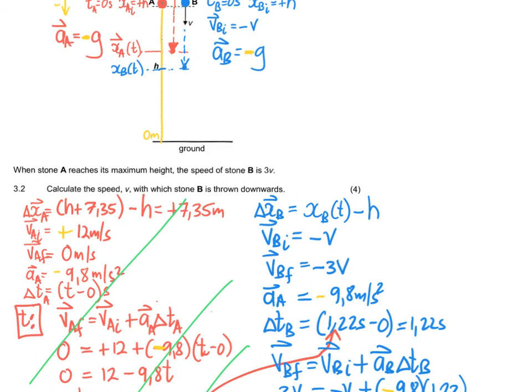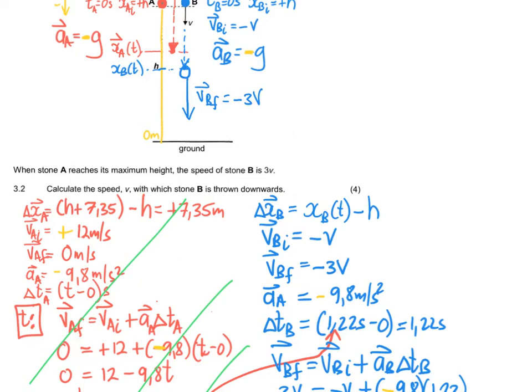At some point, let's say at this point here, its velocity now, VB final, is going to be minus 3v. Why minus? Because it's still acting downwards.